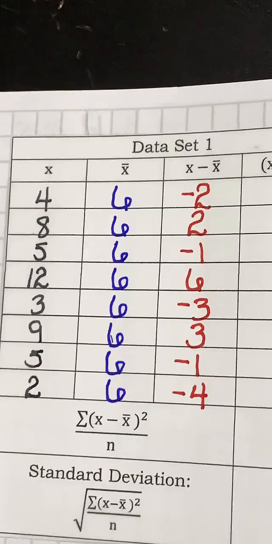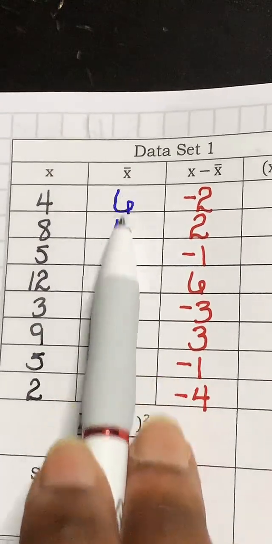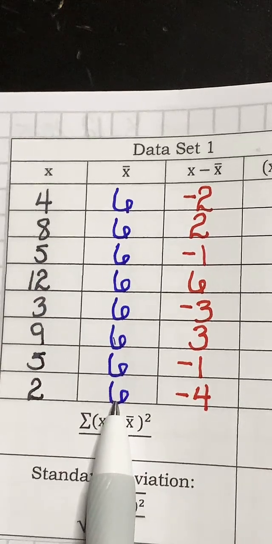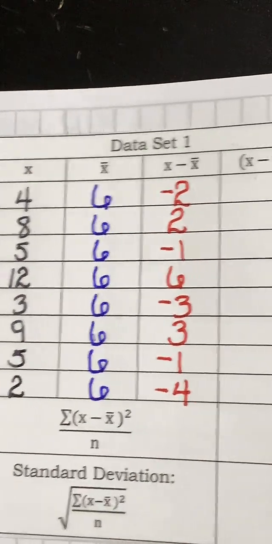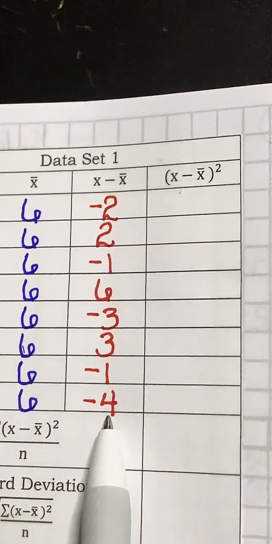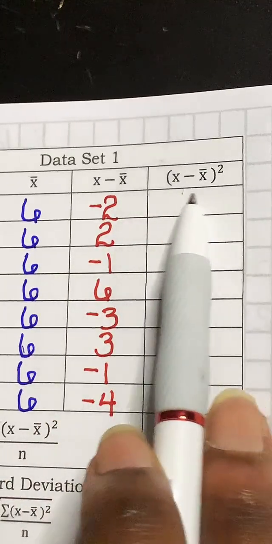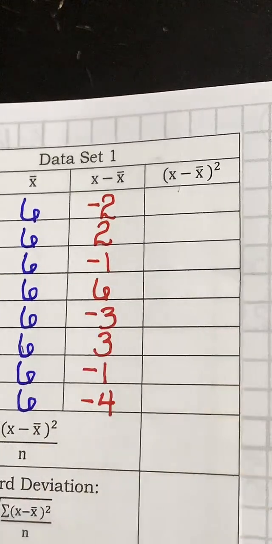Okay, so that's the difference between our number set and our mean. So now all we have to do is take these answers that are in red and we just have to square them. Notice this and this inside the parentheses are exactly the same.